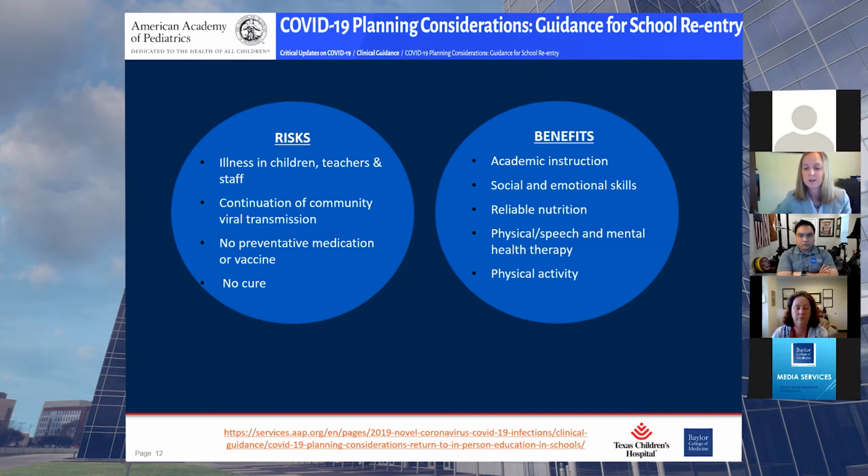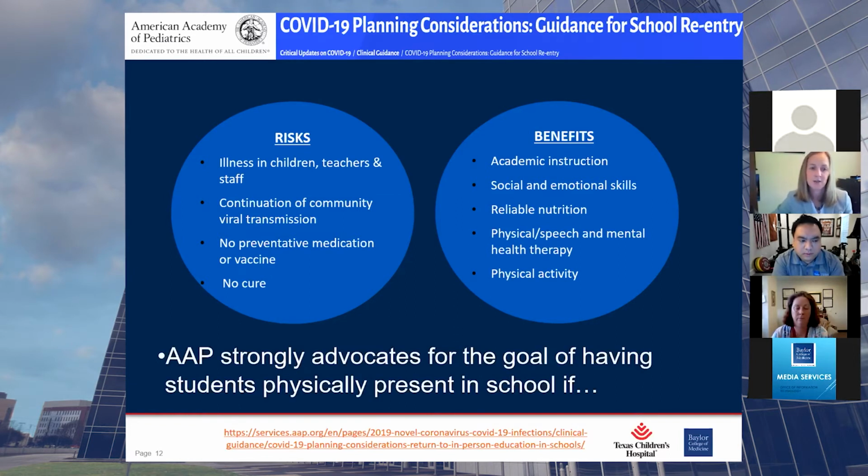There's access to reliable nutrition, as well as physical and speech therapy, as well as mental health, and then the introduction of physical activity at school as well. And because of this, the AAP, or the American Academy of Pediatrics, strongly advocates for the goal of having students physically present in school.